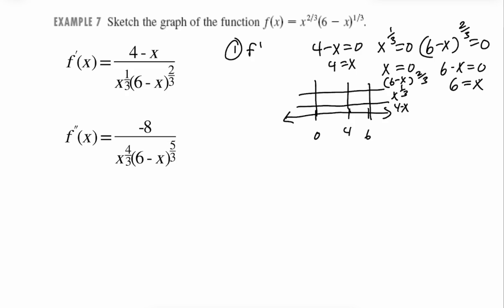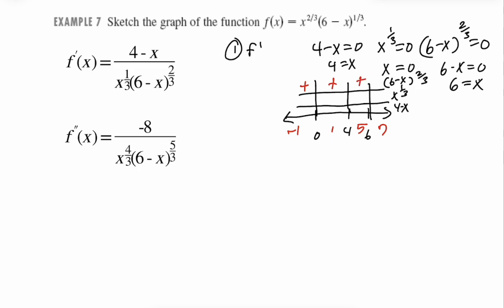So I'm going to plug in -1, 1, 5, and 7. I'm just going to start with the top value. If I plug in -1, I get 7 to the 2/3 power, which is still going to be a positive. I don't care what that number is. If I plug in 1, I get a positive to the 2/3 power, which is a positive. If I plug in 5, I get 1 to a positive power, which is still a positive.